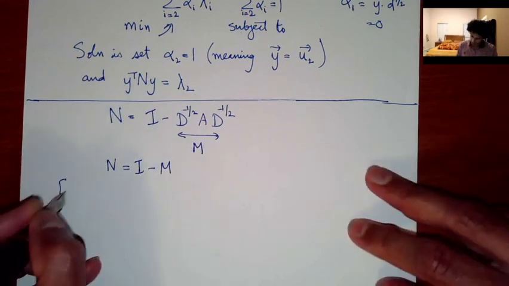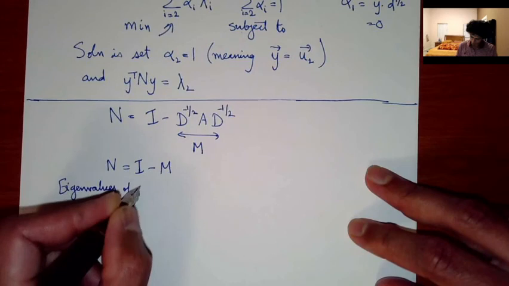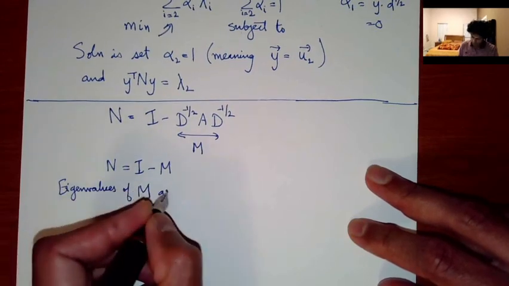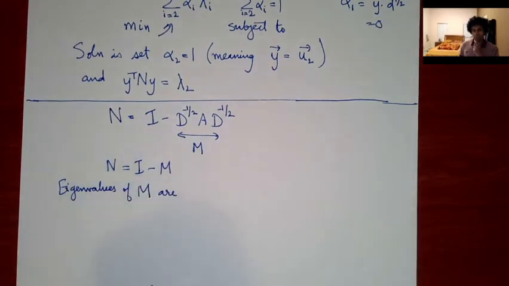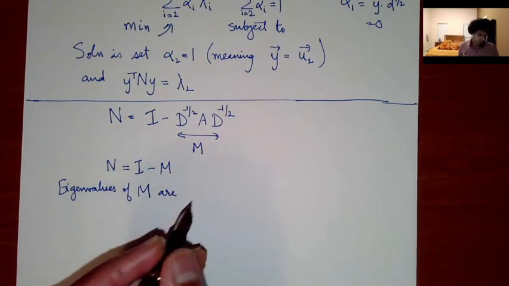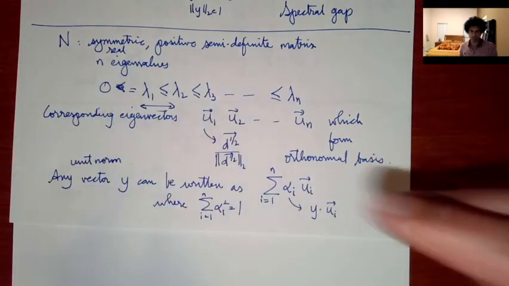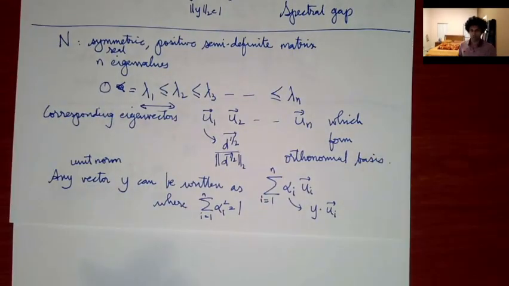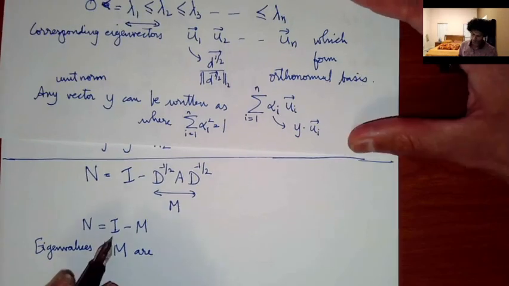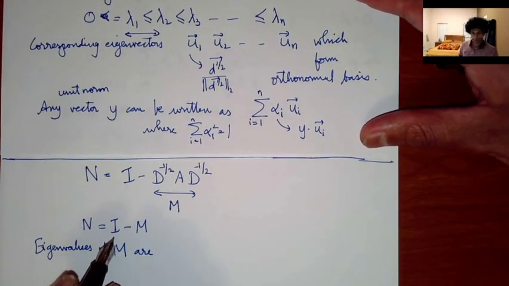And so then the eigenvalues of M, basically if you look at the eigenvalues of M, it's essentially the same thing, it's just 1 minus those. Basically because all vectors are eigenvectors of the identity matrix with an eigenvalue of 1.